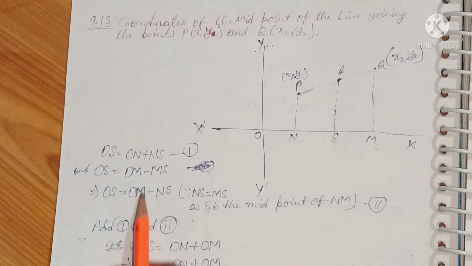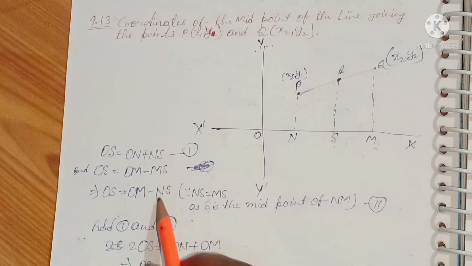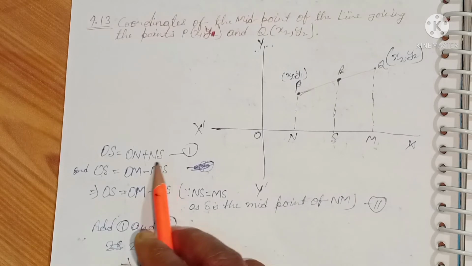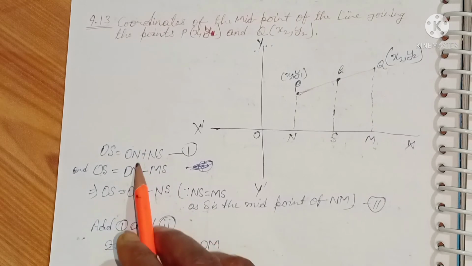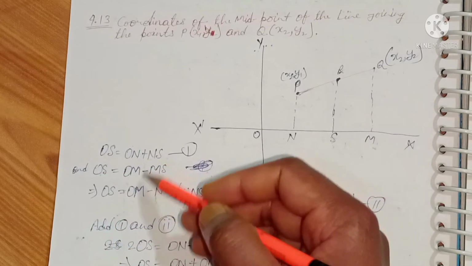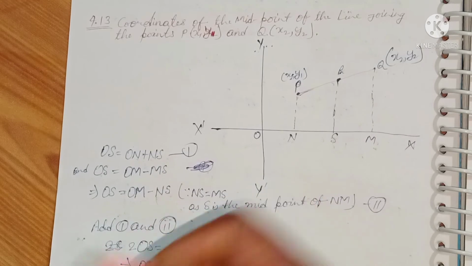Now if we add these two equations, on the left hand side we get 2OS equals ON plus OM. The NS and minus NS cancel each other, so the remaining term is ON plus OM.